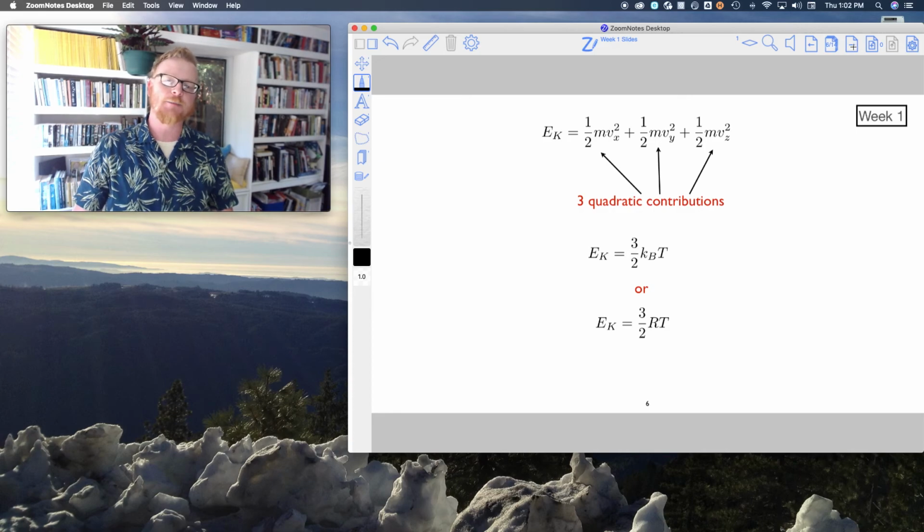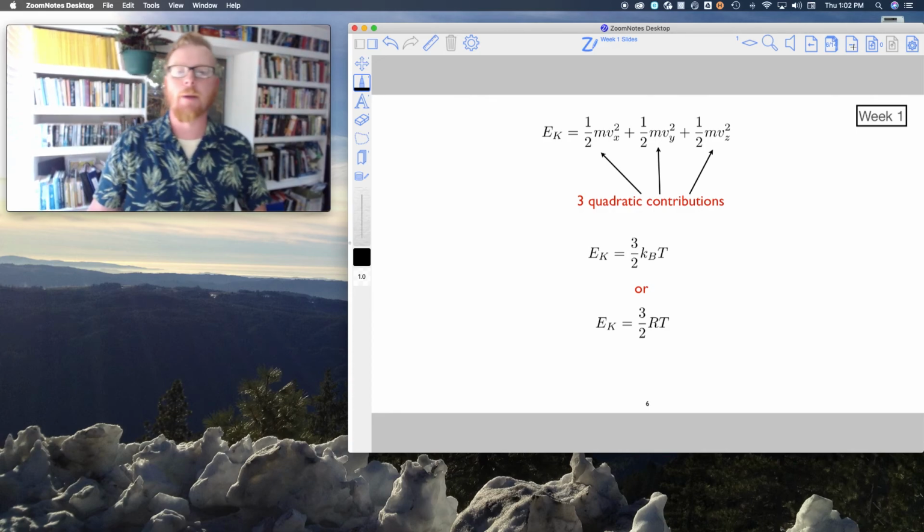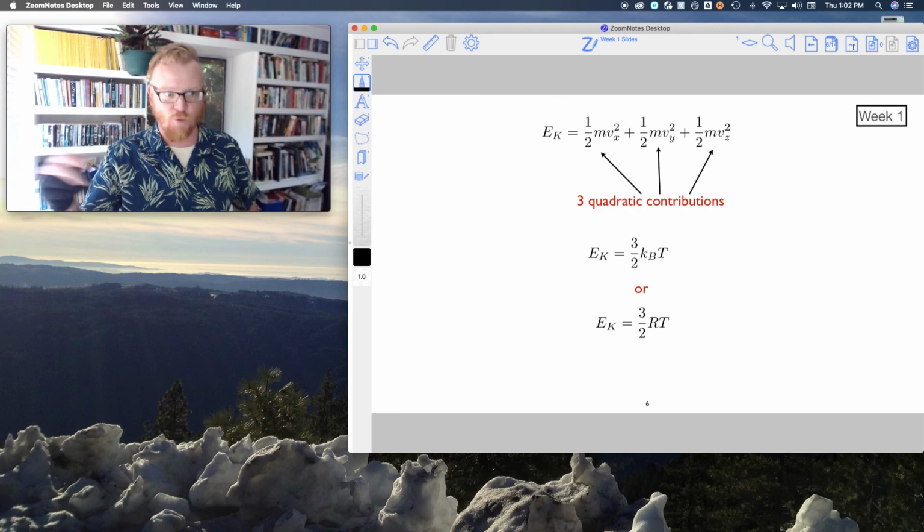But for gases, there are only 3 of these contributions, x, y, z, because of the way that it can move around and it's not close to any other neighbors.